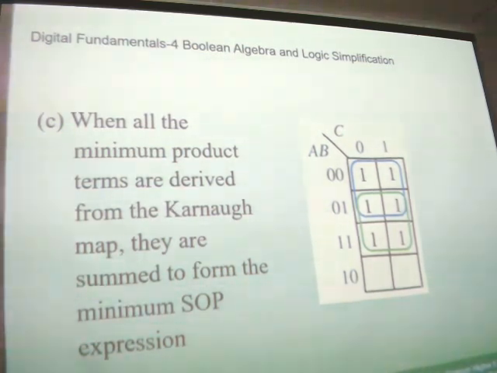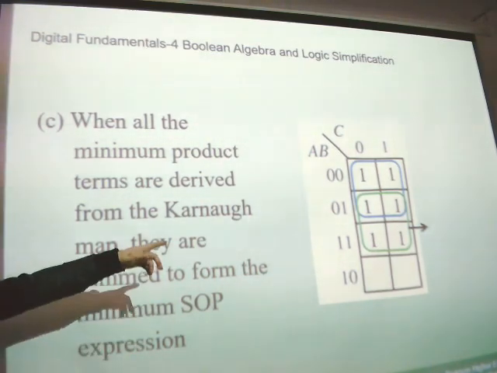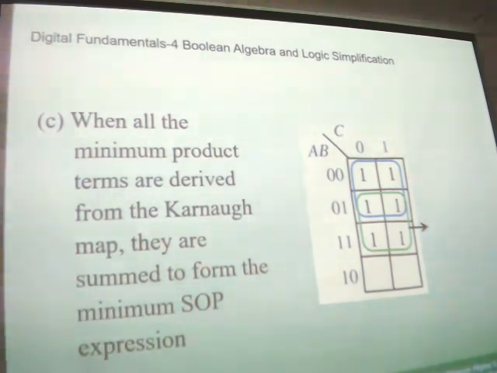So each group creates one product term, and the product term contains one variable. The green circle group represents B, and the blue group A bar. So the minimum SOP expression is A bar plus B.